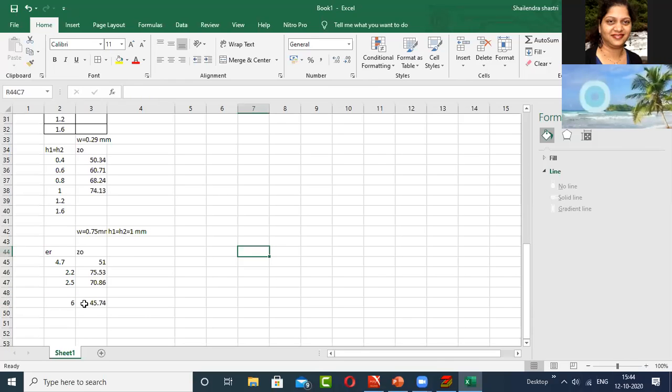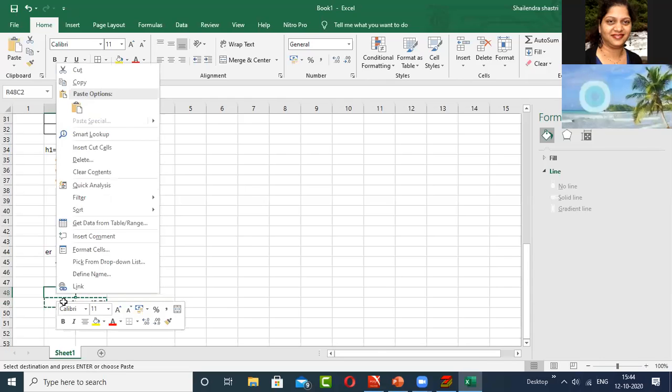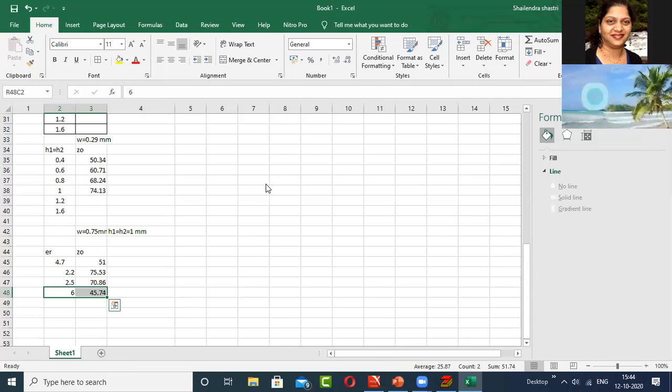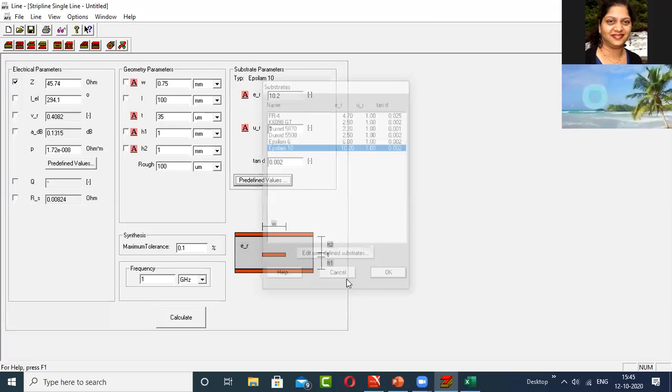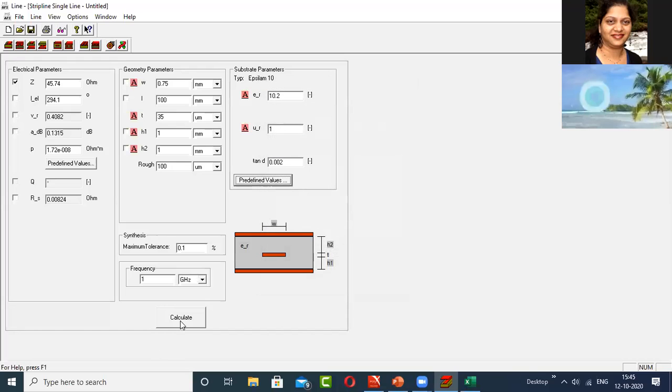Right? Where is this actually? Now the last option which is available here, it is epsilon 10. Okay, so semiconductor materials. Now if I calculate it, it's 35.